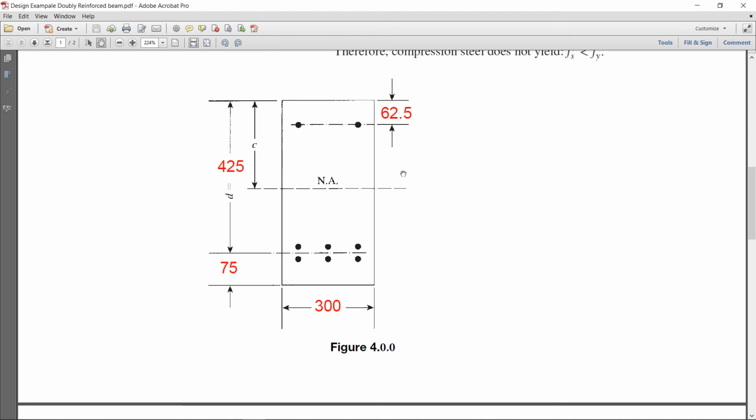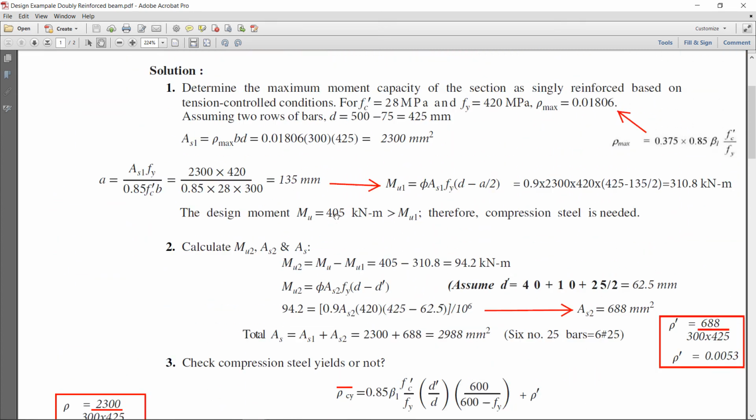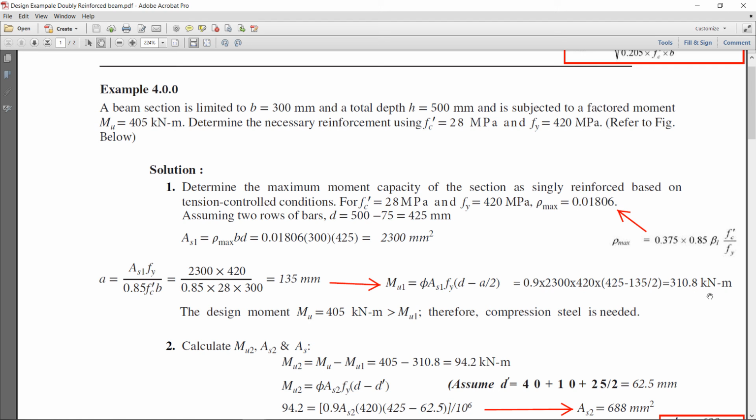Okay, in the previous singly reinforced beam, only in the upper portion the compression force comes from the concrete, and from the bottom it only comes from the steel. So only for the steel that couple works. But in this example, this section with 500 millimeter depth as a singly reinforced beam can only resist 310.8 kilonewton meter.